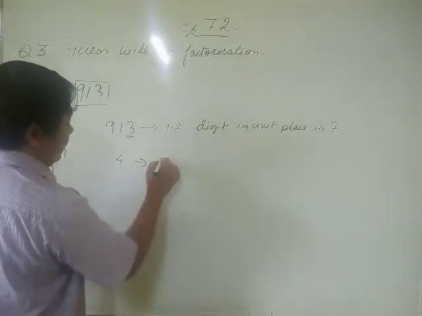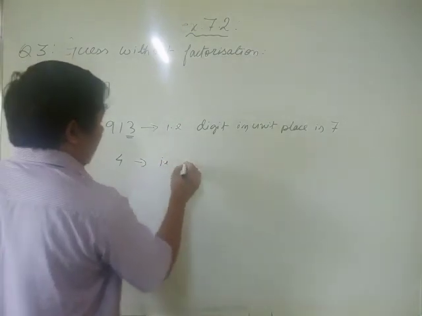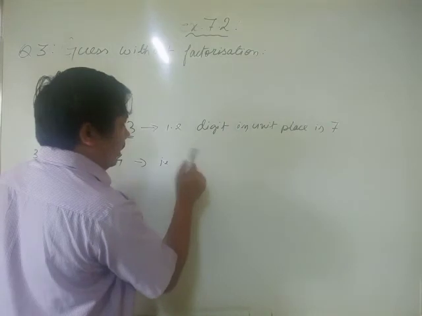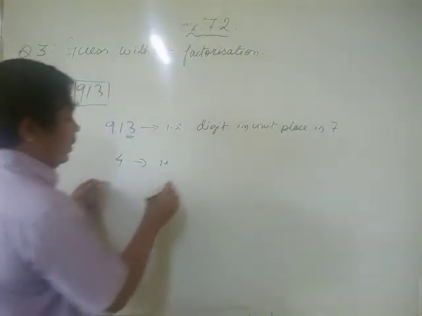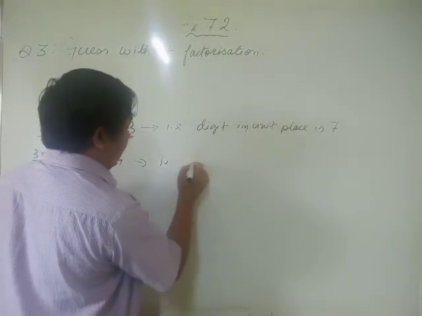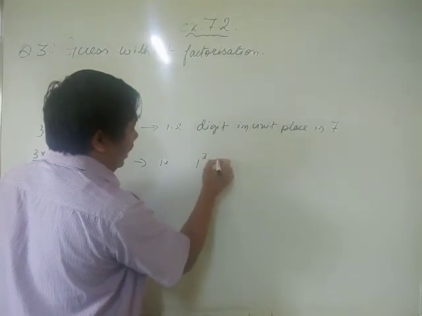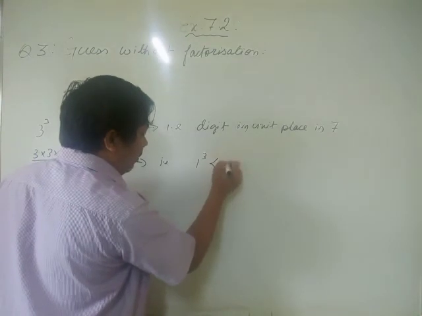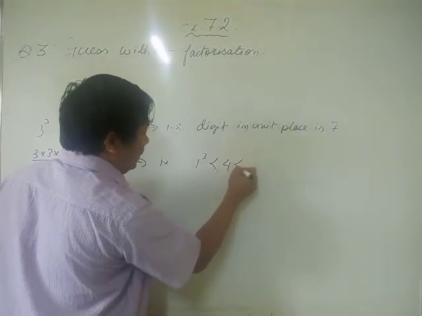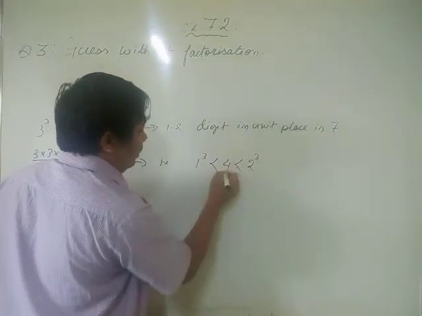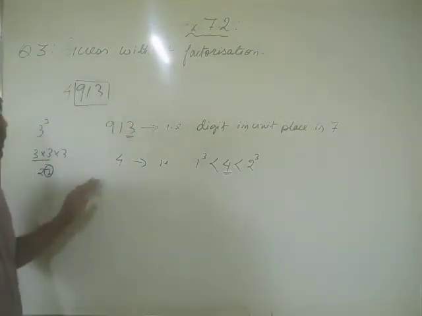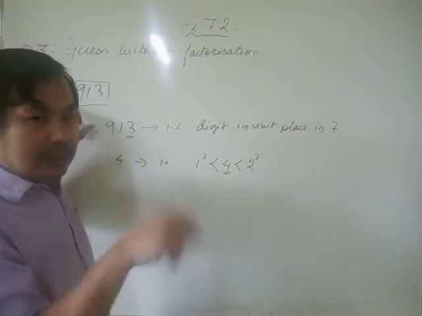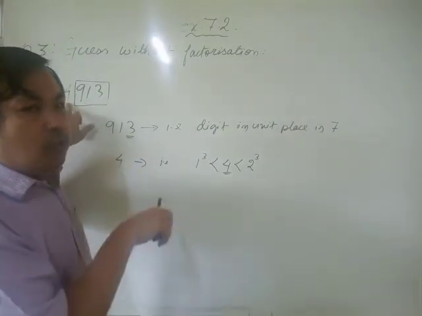So you see that 4 is in between 1 cube and 2 cube. 1 cube is less than the number 4, but it is less than 2 cube. So the number lies between them. Before, it was 1, so we just took 1, but here it is not 1, it is 4, isn't it?